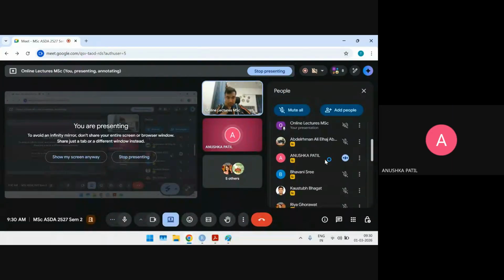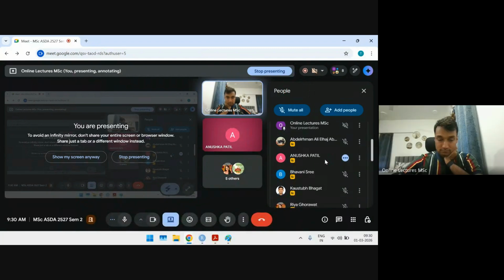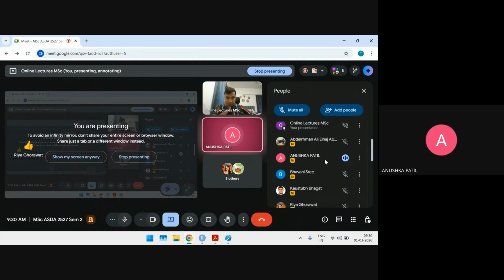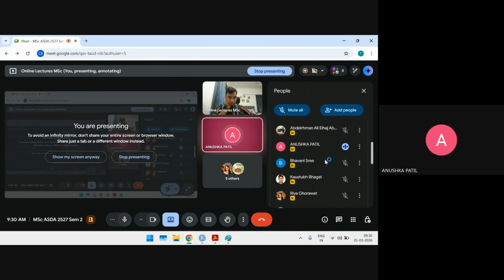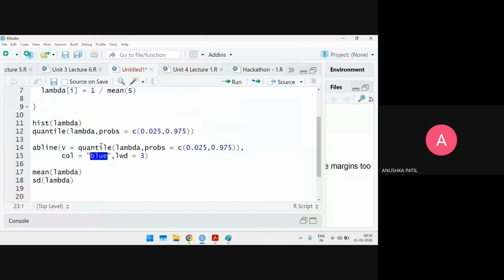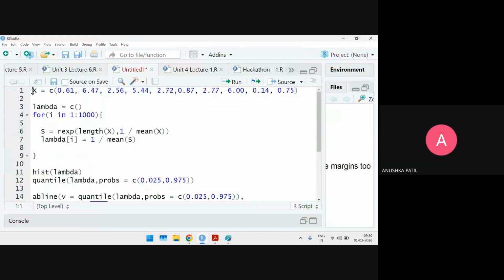We understood, sir. What you said, I understood, and the main idea behind the bootstrap, that also I understood. But in bootstrap also we are using the X values. Correct. We are generating the same samples from those X values.